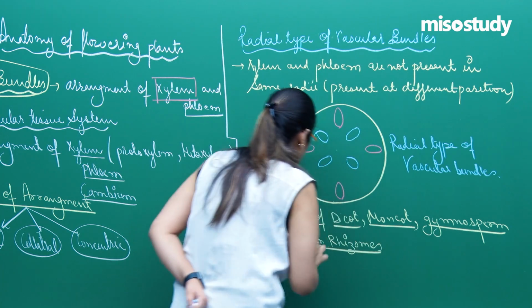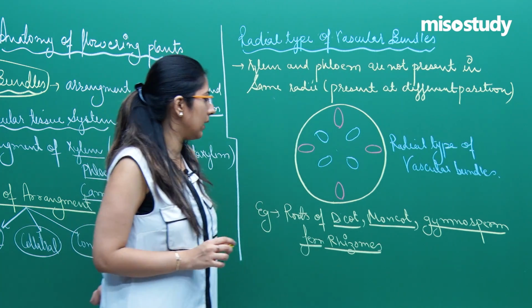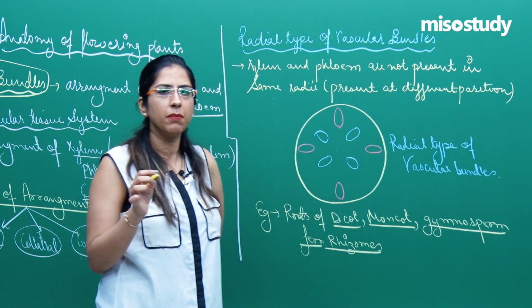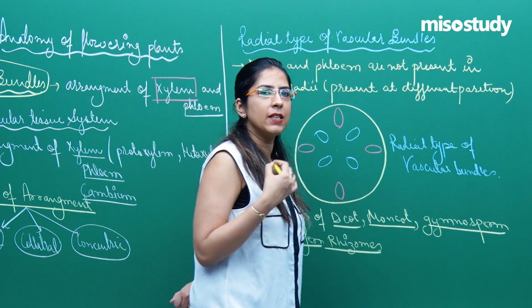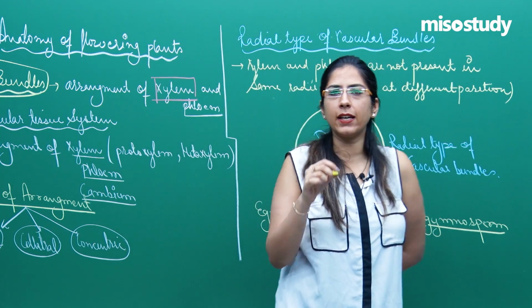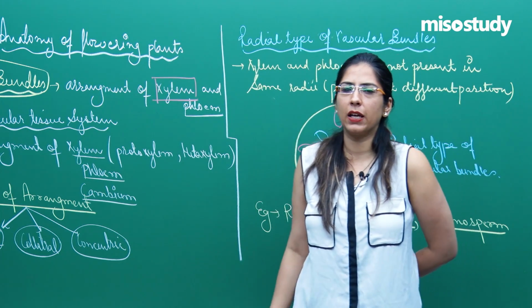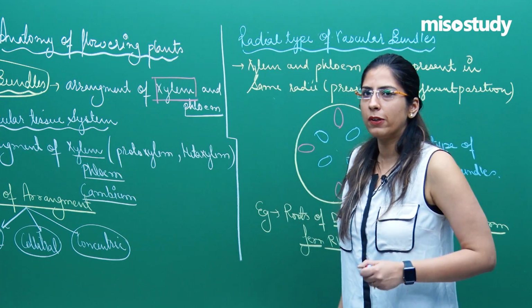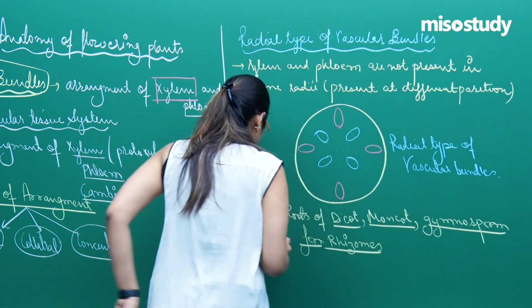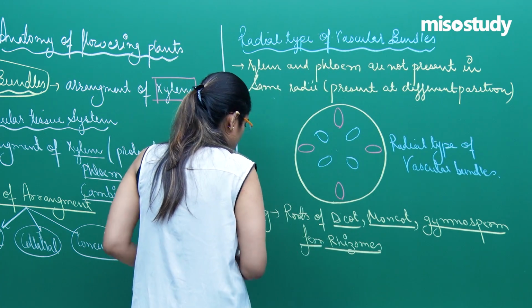As we know, they are present in the majority of roots, but we have certain exceptions also. Like in the case of radish, this type of arrangement cannot be seen. Turnip also, this kind of arrangement cannot be seen. Let's talk about the exceptions now.